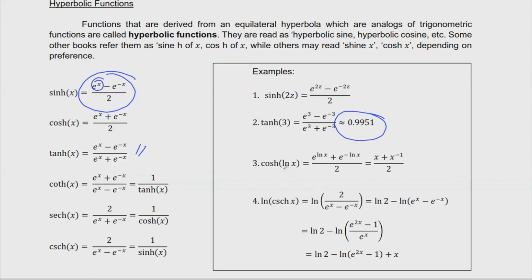Now for our cosine h of ln of x, you have this cosine h, so that's e raised to x, and this is your x. If we simplify this, e raised to ln of x is actually e raised to log of x base e. And remember in our previous discussion about logarithmic and exponential functions, this simplifies to 1, so that leaves this value as x.